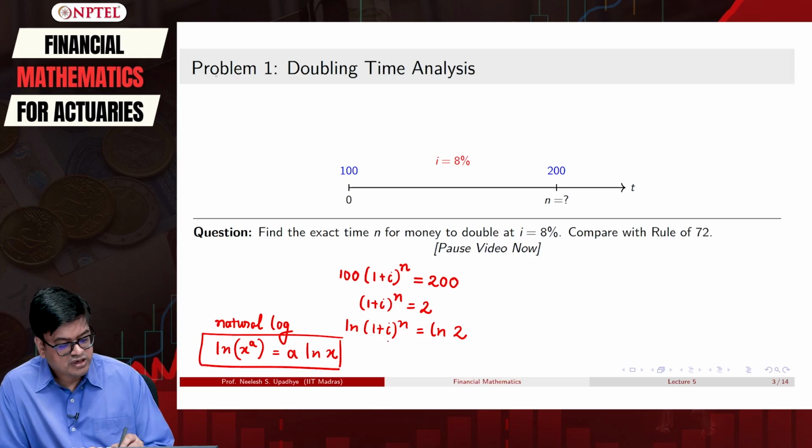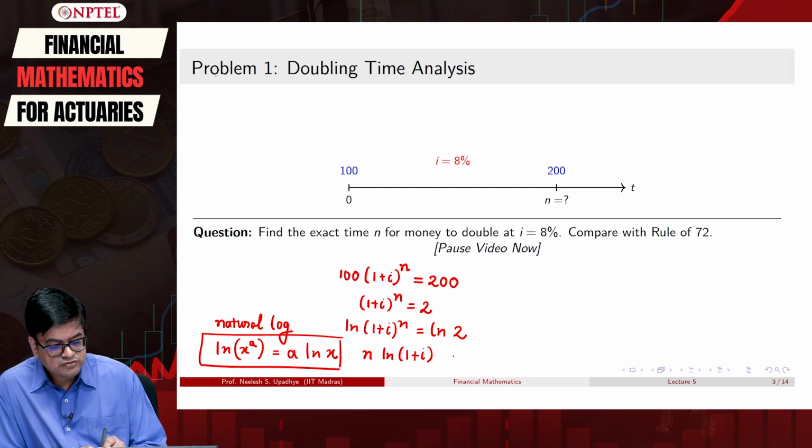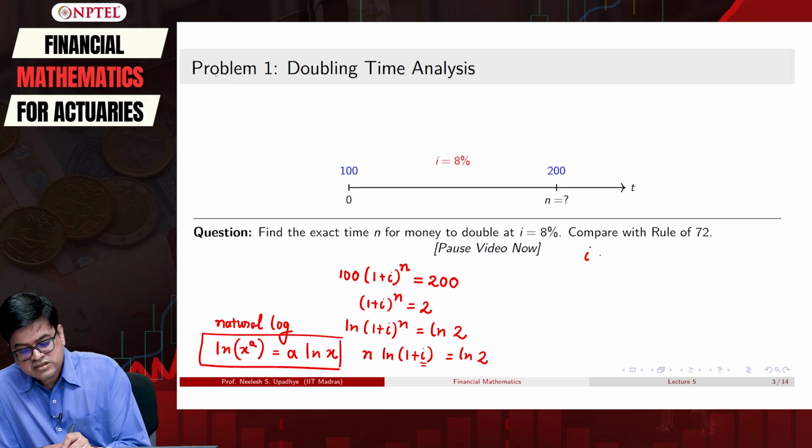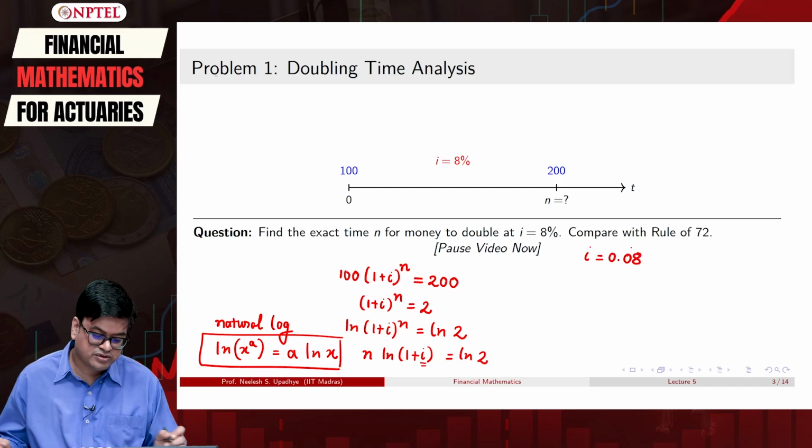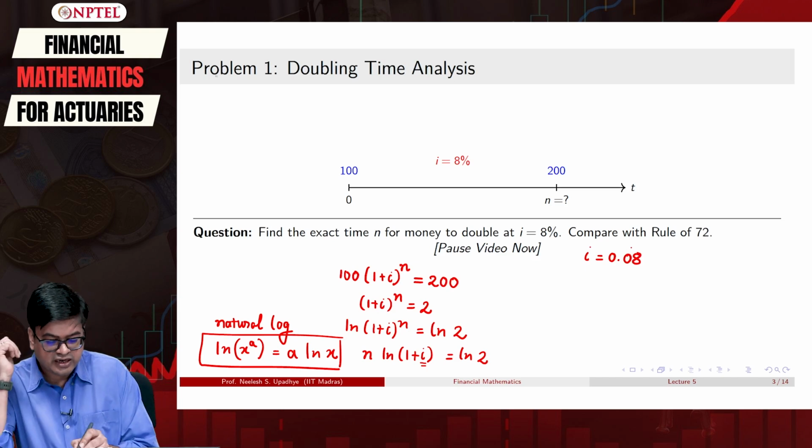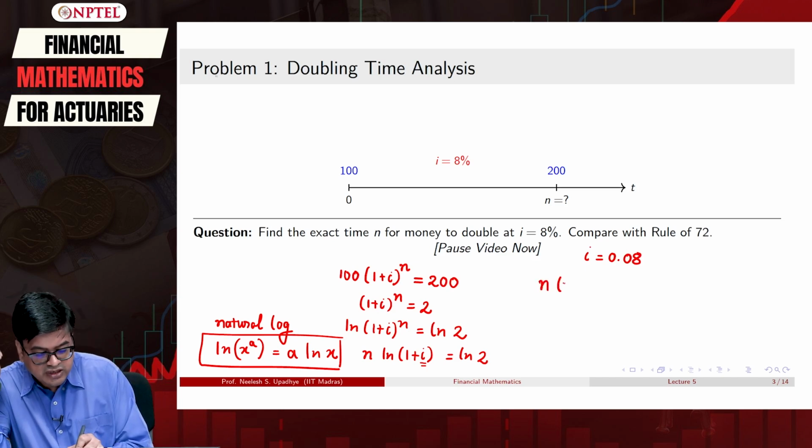So I use this formula and convert this into n times ln of (1 plus i), which is equal to ln of 2. What is this i? i is given to be 8%, so 0.08. So I get n times ln of 1.08 is equal to ln of 2.